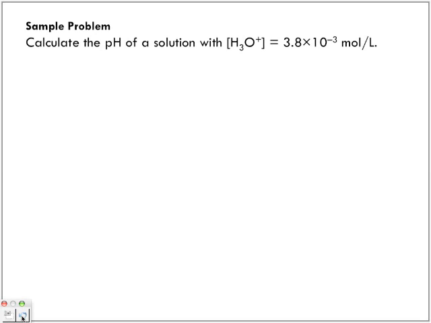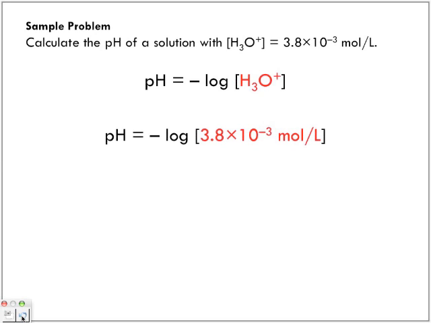So how do I write this in the formula? The formula is pH is equal to negative log of the concentration of the hydronium ion. So I'm going to substitute 3.8 times 10 to the power of negative 3 into this H3O, into the hydronium.